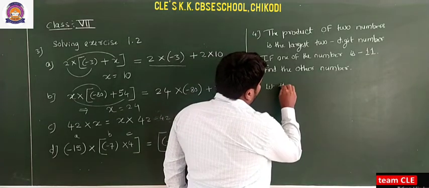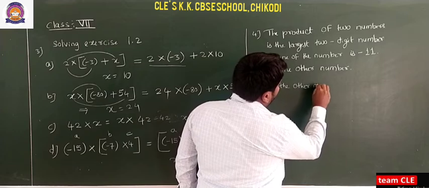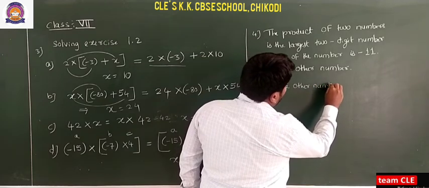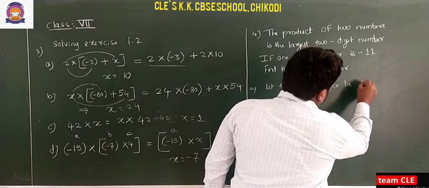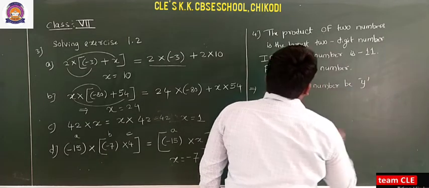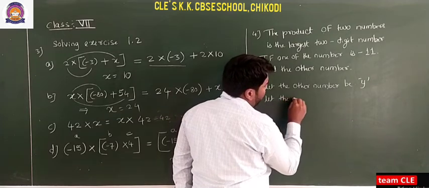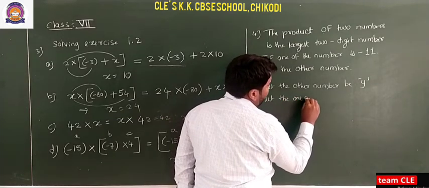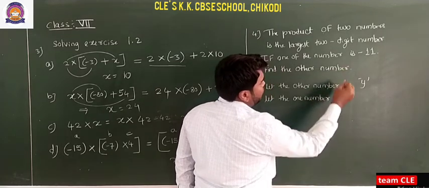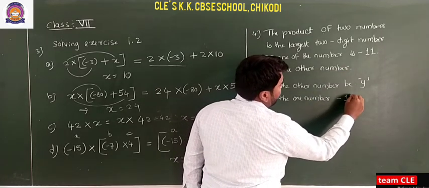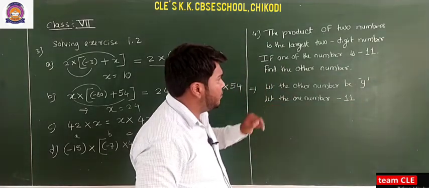Let me write. Let the other number be y, and let the one number be as given in the question, minus 11. So let one number be minus 11 and the other number be y.